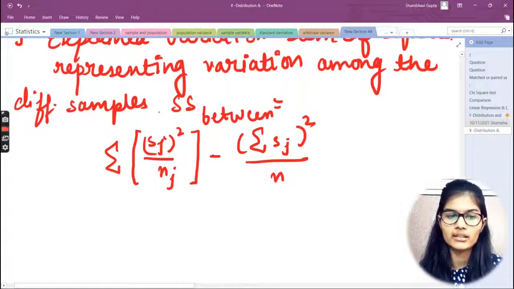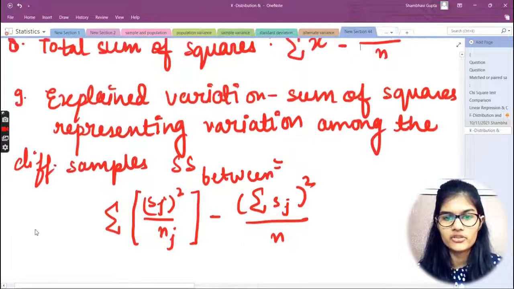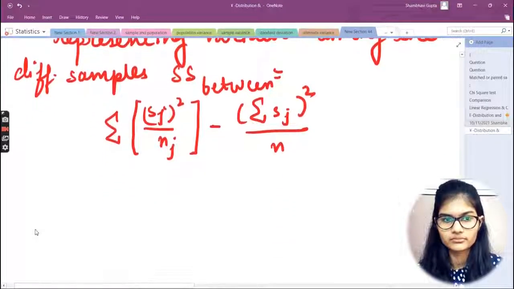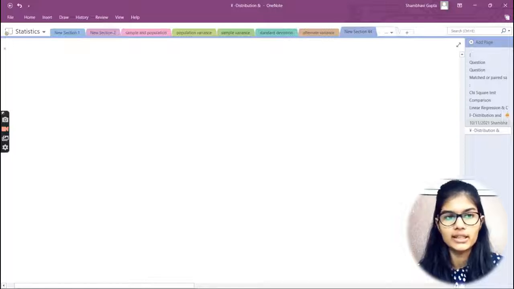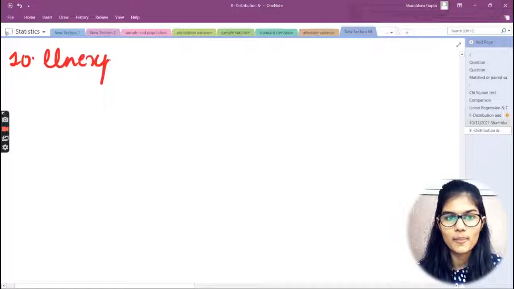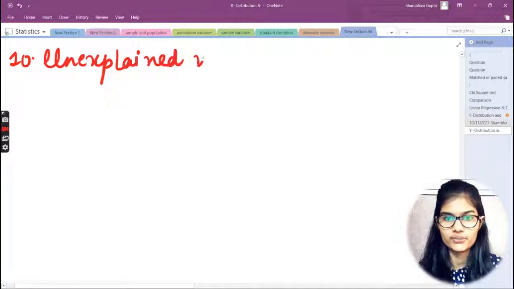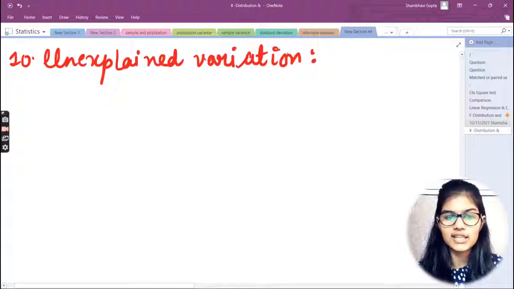What about the unexplained variation? The number I mentioned above was number 9, okay, right here. Now it goes to number 10, the unexplained variation. What is that actually?